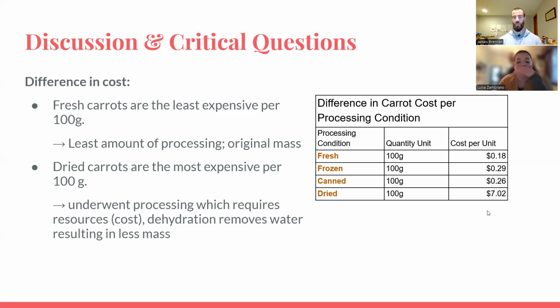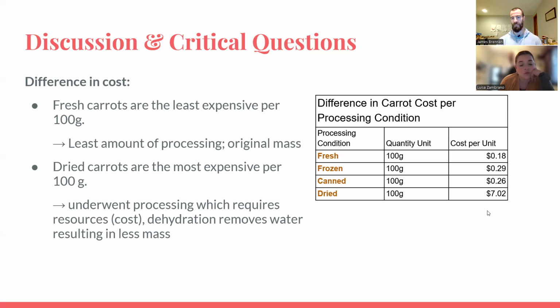And one of the major reasons for that, if we're looking at a per 100-gram unit, is that dehydration is going to remove a lot of the water, which is going to result in less mass. So, in order to get that product back up to a 100-gram unit, we're going to have to be increasing the amount of that product that we're actually going to be using. The entire product itself was less than 100 grams, whereas the fresh, frozen, and canned, it was all significantly over 100 grams.